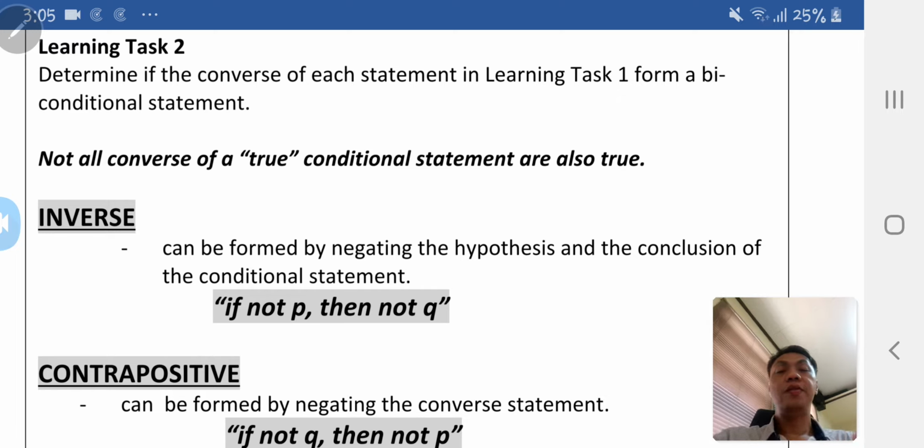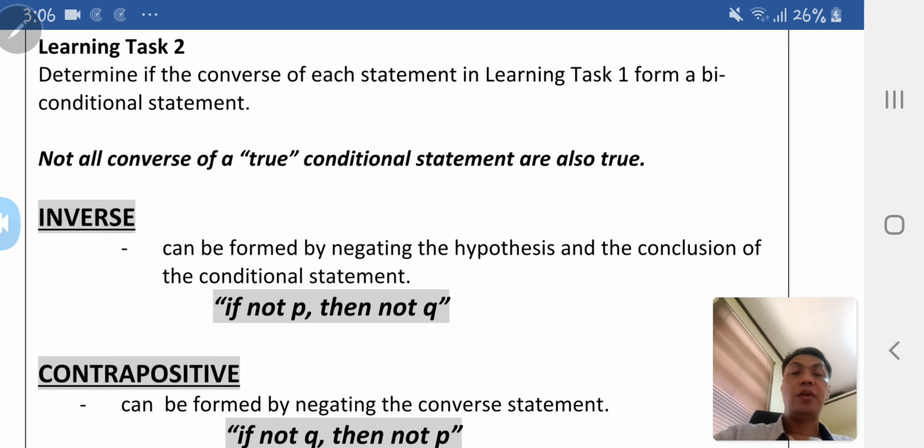So, what about the inverse statement? What is an inverse statement? An inverse statement can be formed by negating the hypothesis and the conclusion of the conditional statement. If not P, then not Q. So if we are going to negate the hypothesis and the conclusion of a conditional statement, then we are forming the inverse statement.